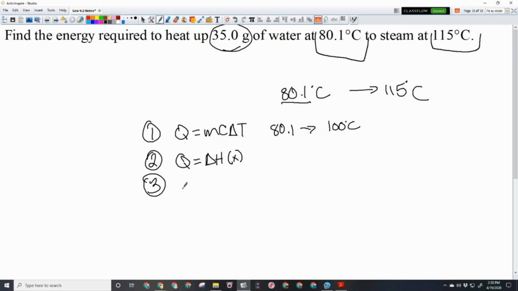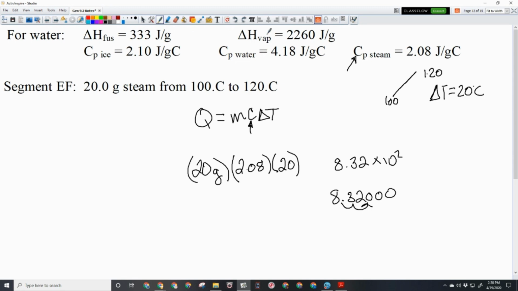Now you have to make sure you get the delta H correct. This is the top part of the graph at 100 degrees, so that's going to be the heat of vaporization. You're going to use this one, because this is the one that happens at 100 degrees. Fusion is the one that happens at 0 degrees.